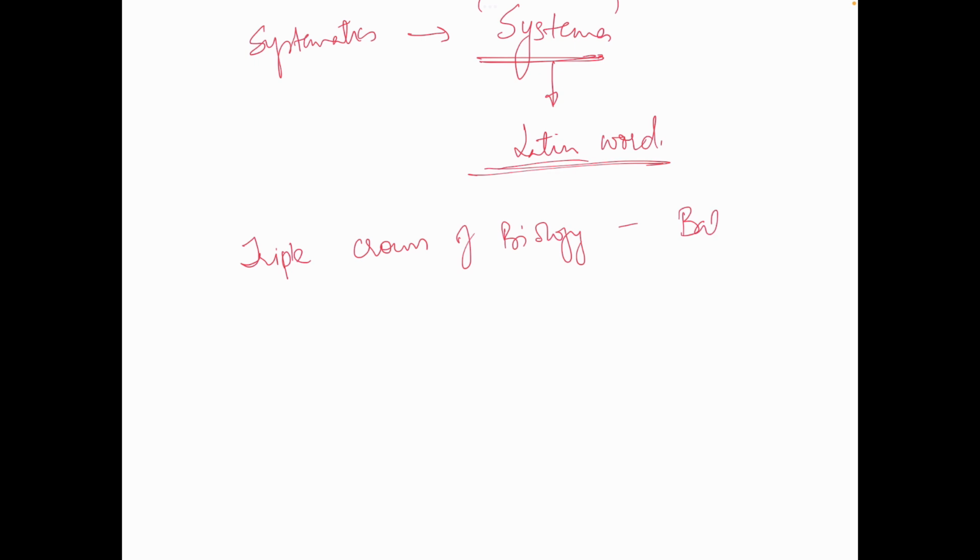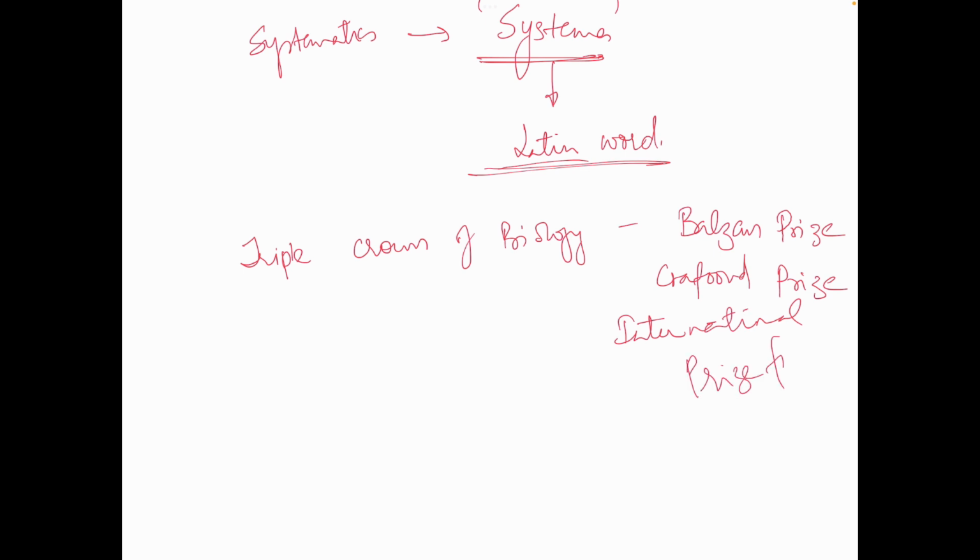One is Balzan Prize, other is Crafoord Prize, and the third one is International Prize for Biology.